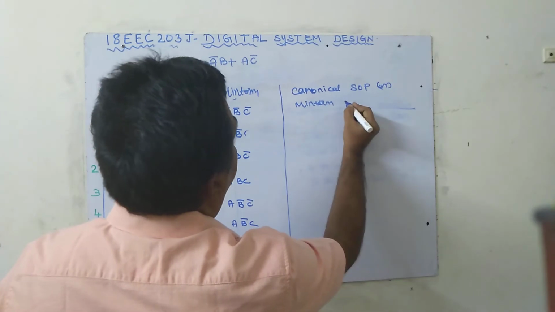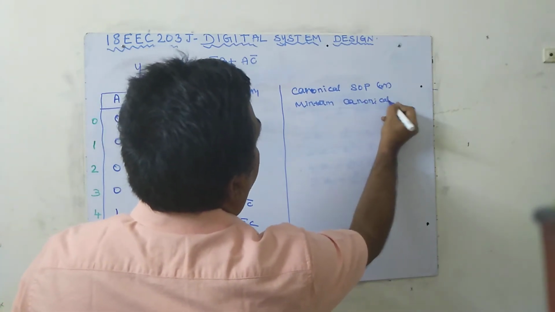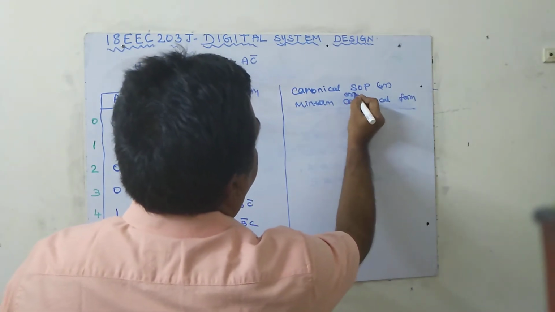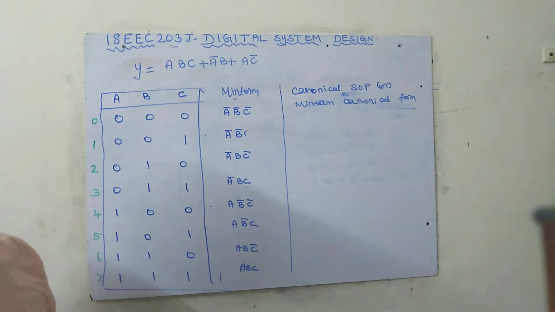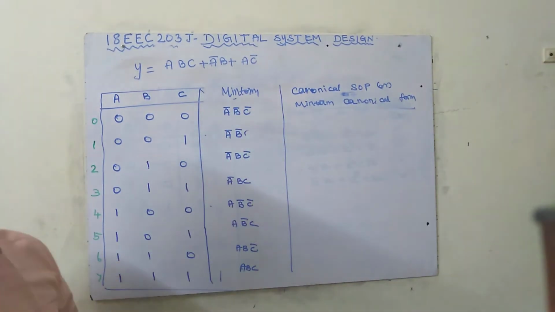Another name is min term canonical form. Both are the same. What is the meaning of this? This is very important. Min term we can easily write. What is min term canonical form?